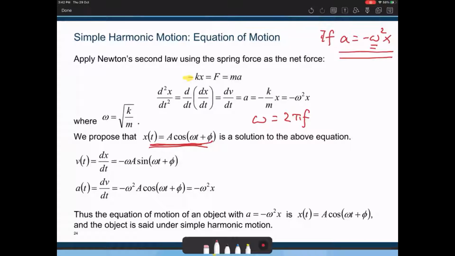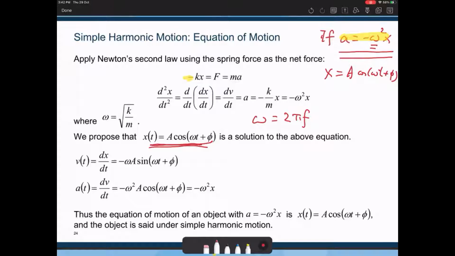So if you have the equation at the top, a equals to minus omega square x, then the general solution for x would be equal to A times cosine omega t plus phi. Thus, omega is equal to, well, it is not a definition.